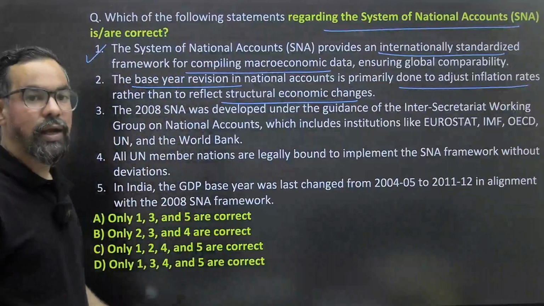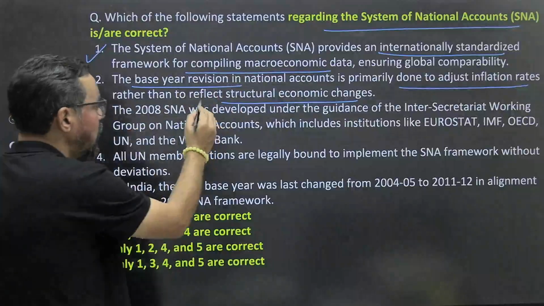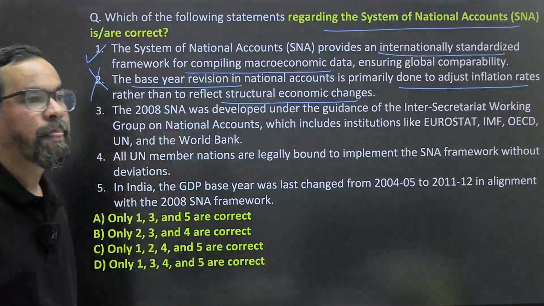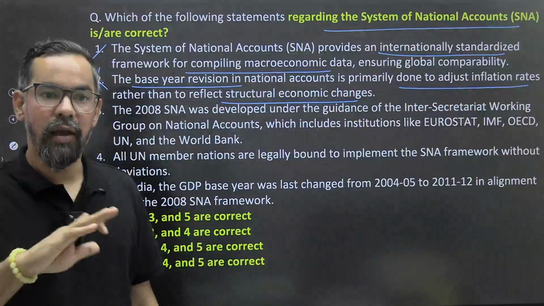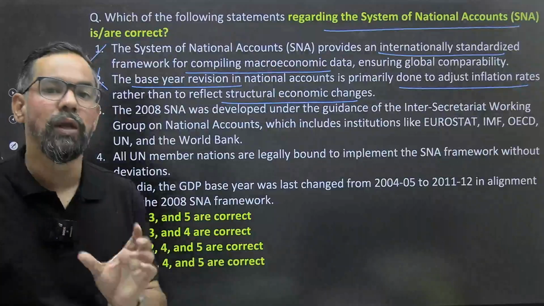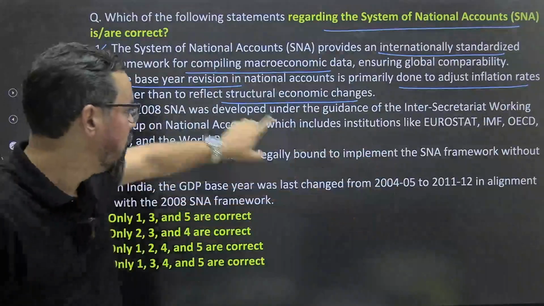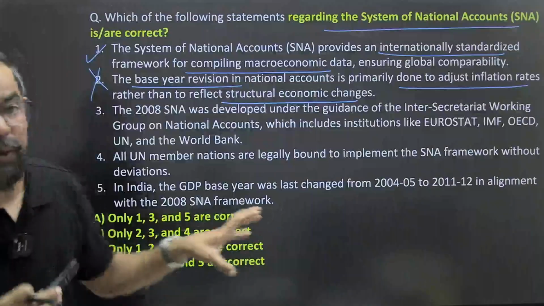No, along with the inflation rate, it is also to reflect the structural changes. Like for Indian economy, we have base year of 2013-14. Okay? So now we are planning to shift to 16-17. So this is not only about the adjustment toward inflation, it is also about the overall structural changes that happen in that particular economy.